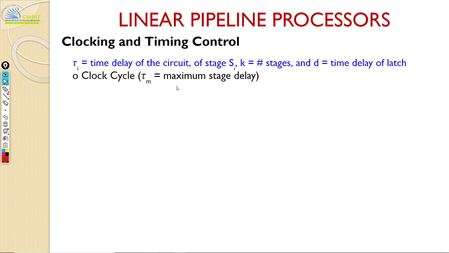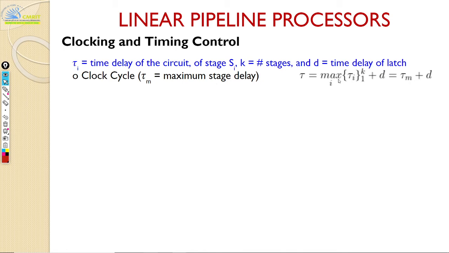So when we say my processor is 2.4 gigahertz, it just means that the slowest guy in your laptop's processor pipeline will take 1 divided by 2.4 into 10 power 9. So here tau m is the maximum stage delay. And how is the maximum stage delay computed?